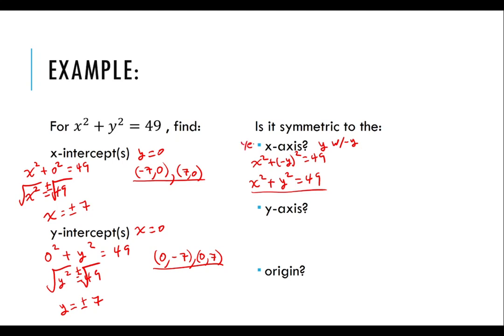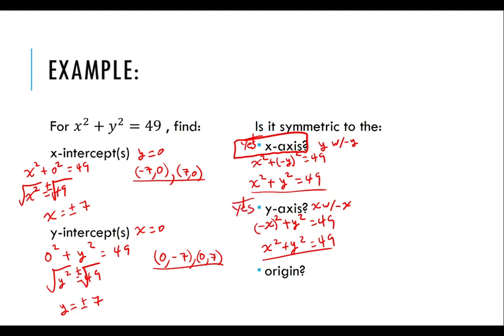So this thing is, yes, x-axis symmetric. Y-axis symmetric, that's x with negative x. Then this is going to be negative x quantity squared plus y squared is equal to 49. That gives me x squared plus y squared is equal to 49. Once again, we get the exact same thing we started with.